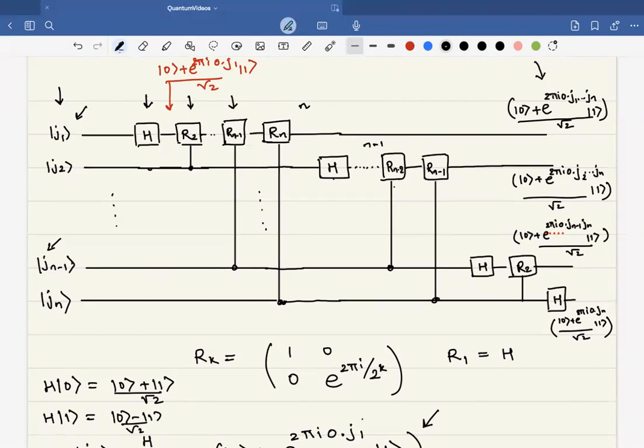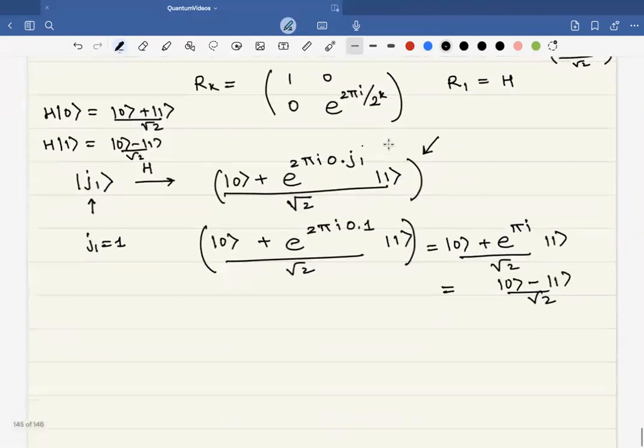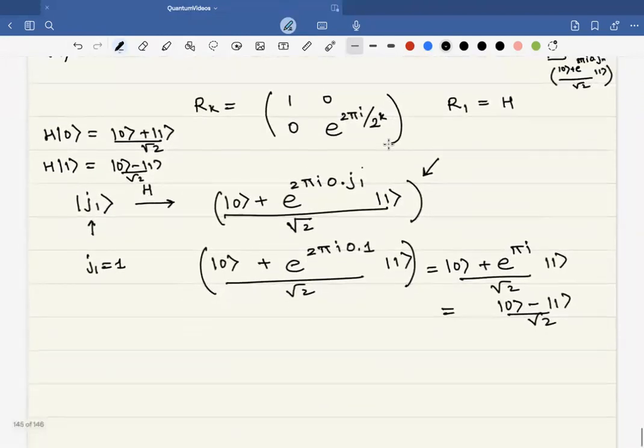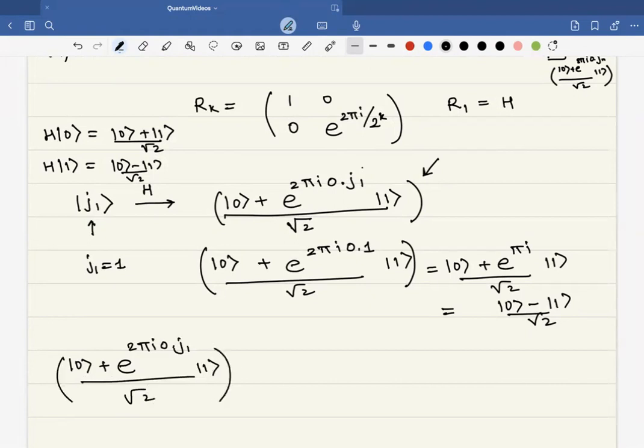So what happens when I apply this? So now we have ket 0 plus e to the 2 pi I 0.j1 ket 1 over square root of 2. And then we are applying a control R2 gate, right? The control is on J2. So what will be the result of this?